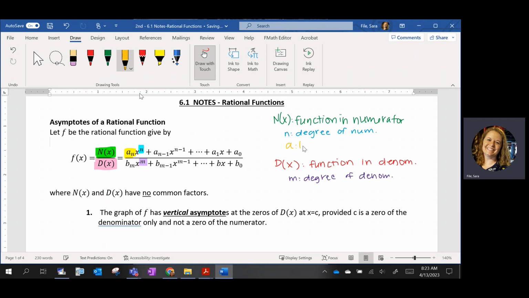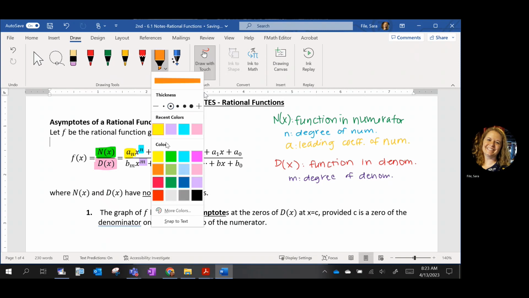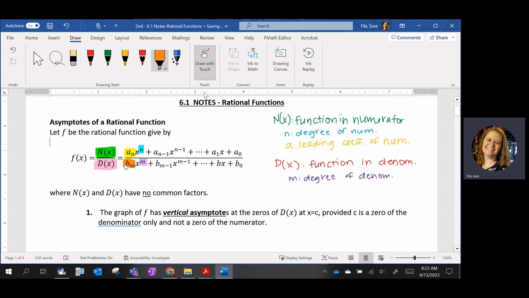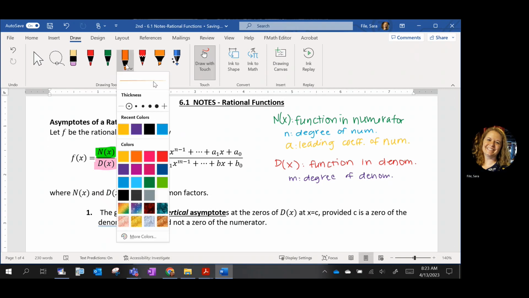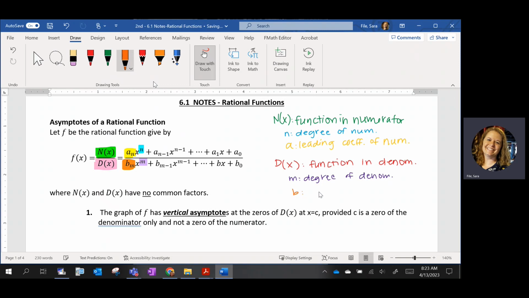Okay. So this is the leading coefficient of the numerator. And then we'll use B, which is the leading coefficient of the denominator.